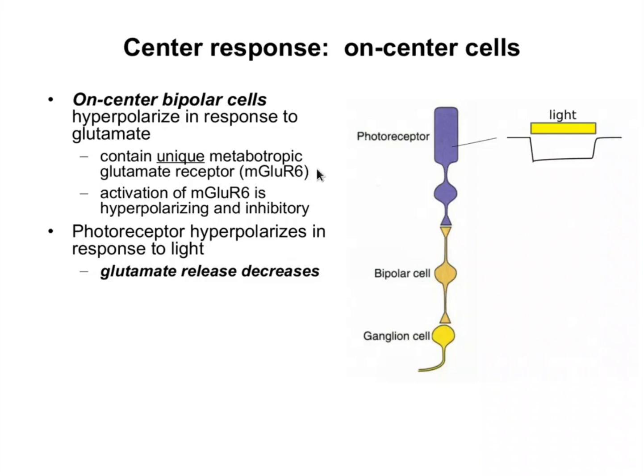There are actually at least 7 subtypes of metabotropic glutamate receptors. This specific metabotropic glutamate receptor is expressed only by on-center bipolar cells within the retina.